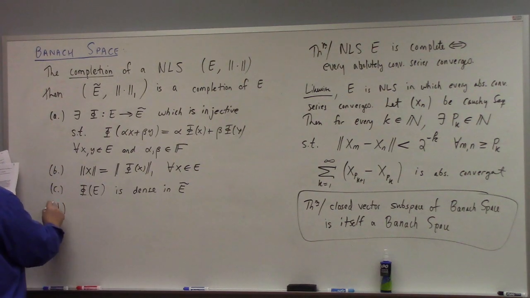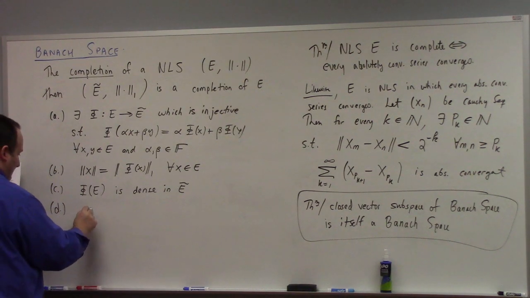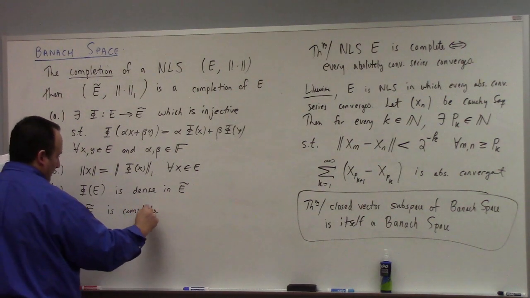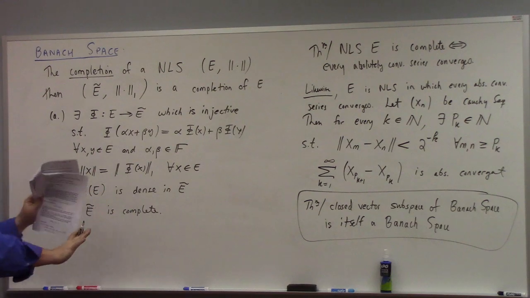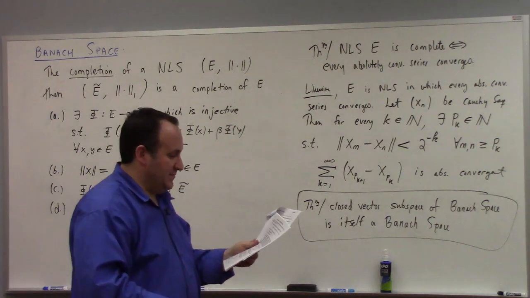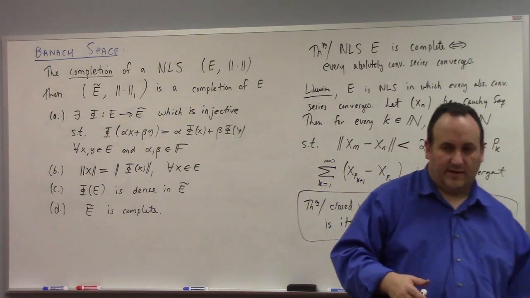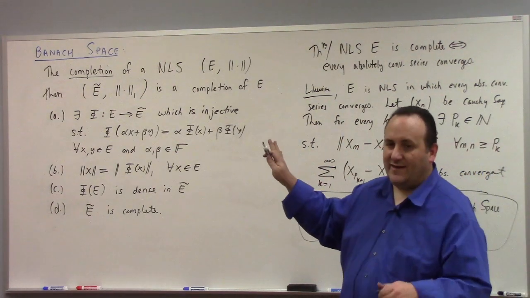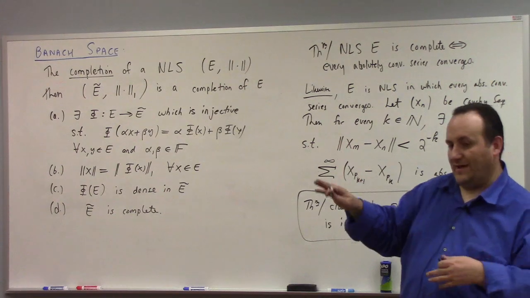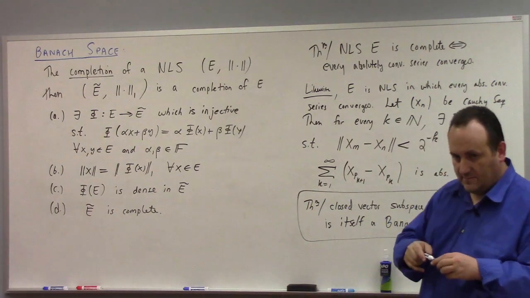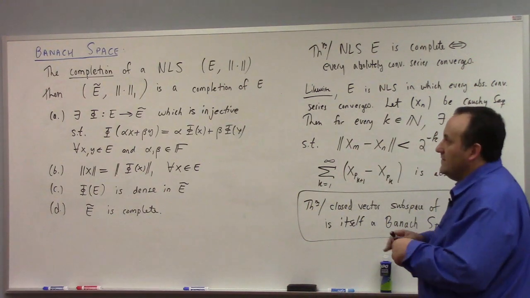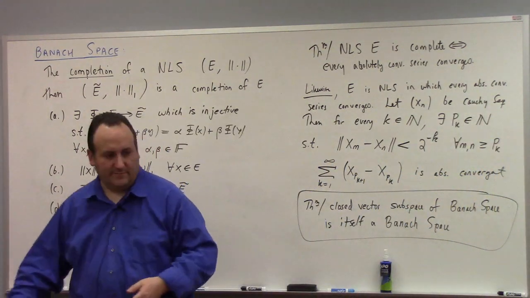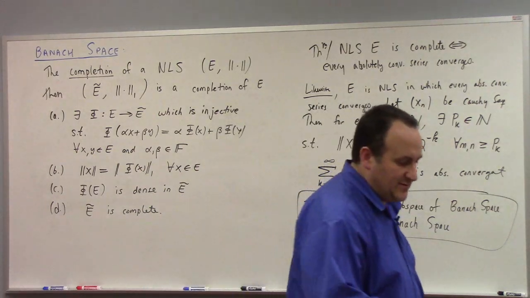And D: E tilde is complete. Now, so far I'm explaining what a completion is. I have not explained how to actually accomplish this. How do you actually construct this E tilde?